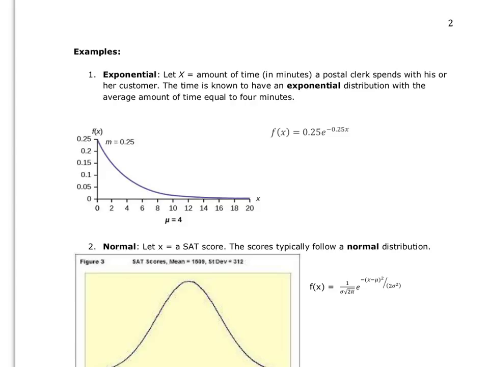Okay, first let's look at exponential. What kind of thing might we expect in real life to have this distribution that we call exponential? If we let x be the amount of time in minutes that a postal clerk spends with his or her customer, it could be represented with this exponential distribution. So I'm just giving you a specific example of a PDF graph, a curve.